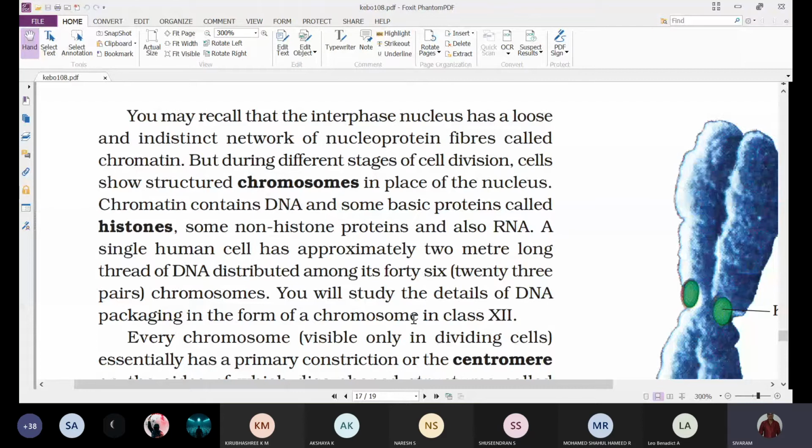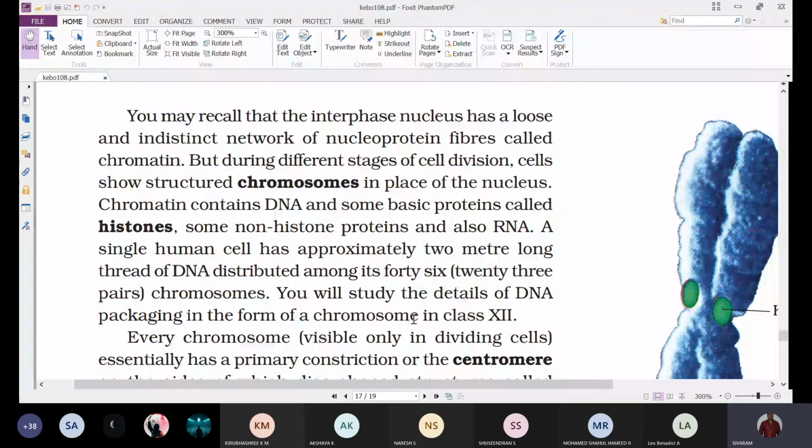But at the time of cell division, the chromatin material is transformed into chromosomes by undergoing condensation. When it is transformed into chromosomes, along with the histone proteins, there are some other proteins called non-histone proteins that are also associated with the chromosomes for the formation of chromosome structure.